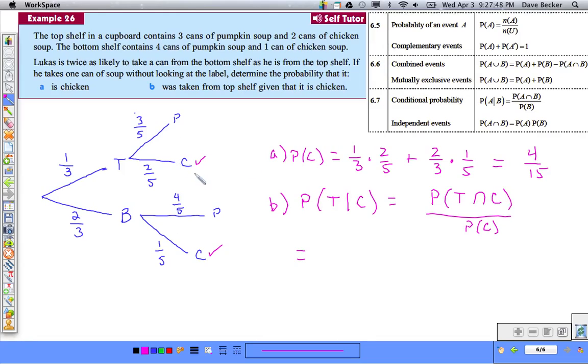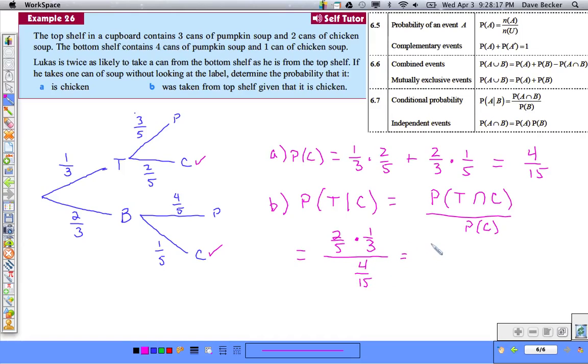We're going to work backwards. It's chicken, given that it's the top shelf. So this intersection here, the probability is equal to 2 over 5 times 1 over 3, because that's the only way that we can get chicken from the top shelf, is this path right here, over the probability of chicken, which we found before, which is 4 out of 15.